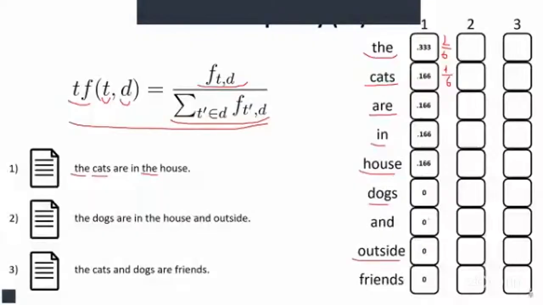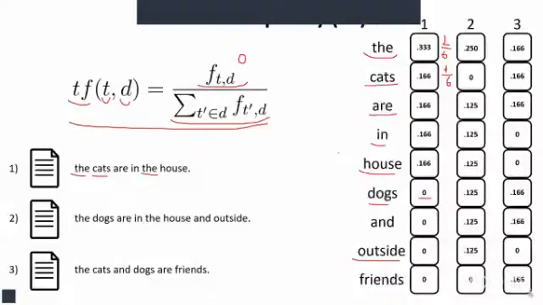For these words, we assign the value 0, because these words are not found in our document, and if you look at the formula, the numerator would be equal to 0, so this value will automatically be 0. We can apply the same formula to obtain the vector for the second document and again for the third document.